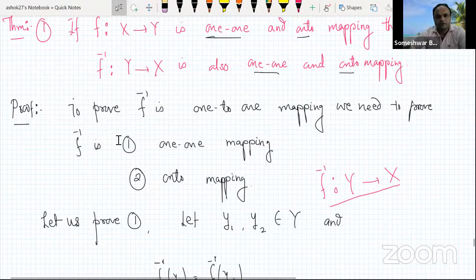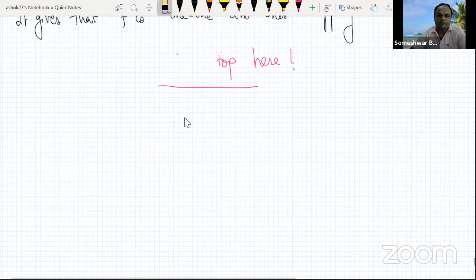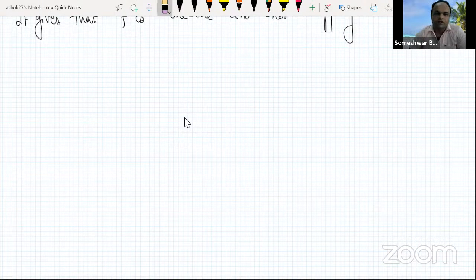So next, we'll see first the definition of composite mapping, and then we'll continue the remaining theorems.